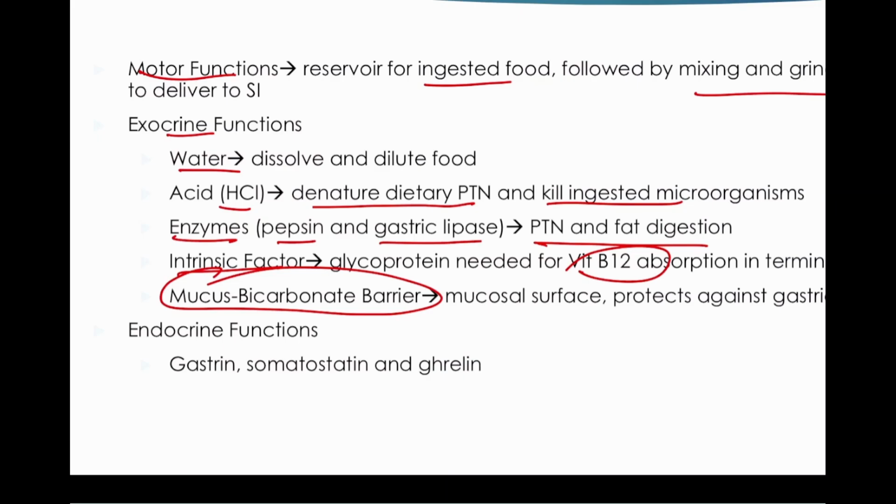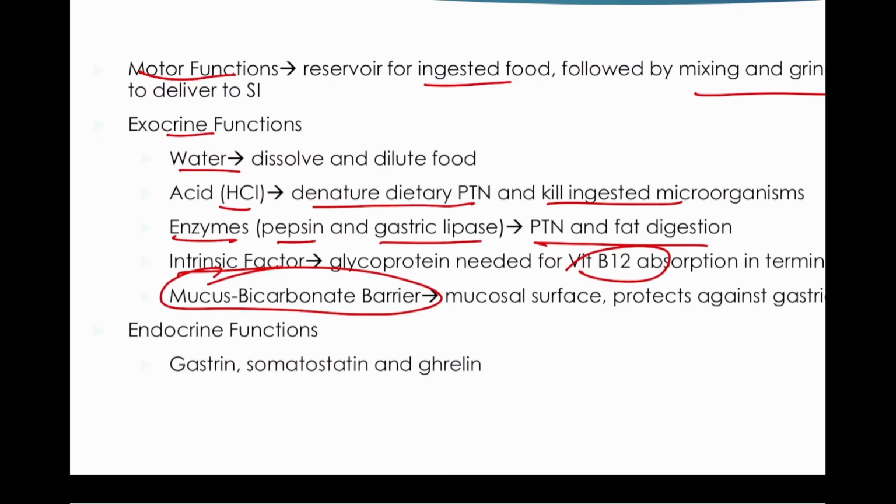The bicarb, why is that important? It neutralizes the acid. So if any of that acid tries getting close to the stomach lining, that barrier with the bicarb is going to neutralize it to protect the lining of the stomach. When that mucus bicarb barrier starts to erode and go away, then your defense mechanism weakens, and you can start getting ulcers and some other problems.